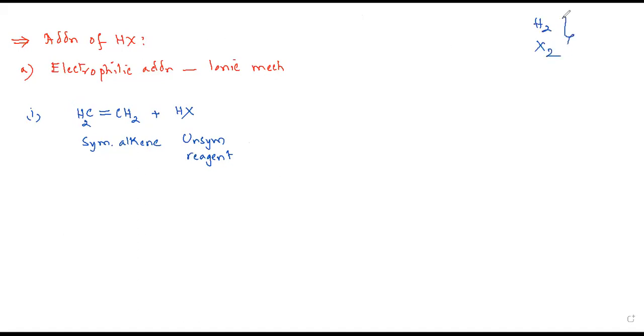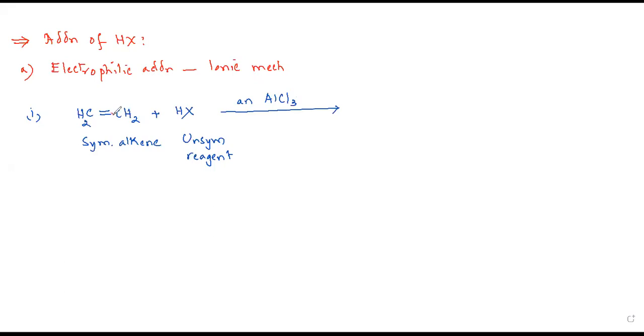See, these are symmetric, but this one is HX, unsymmetric. Two different. Now, when HX is added in the presence of anhydrous aluminium chloride, no problem.